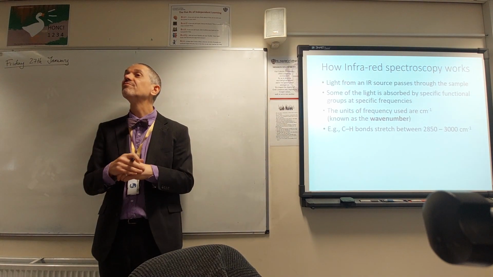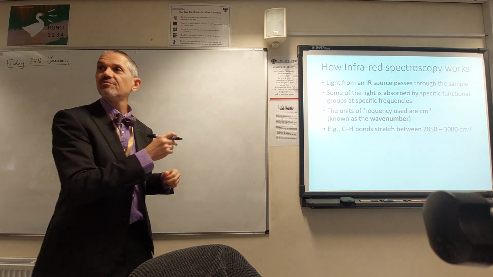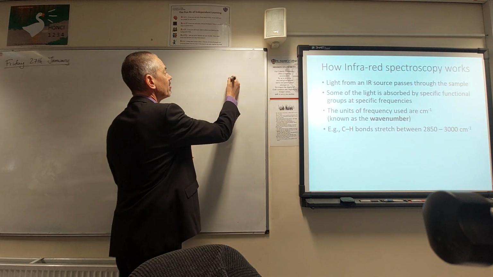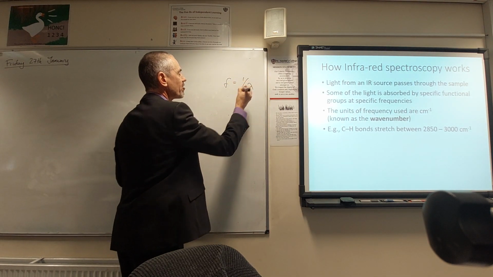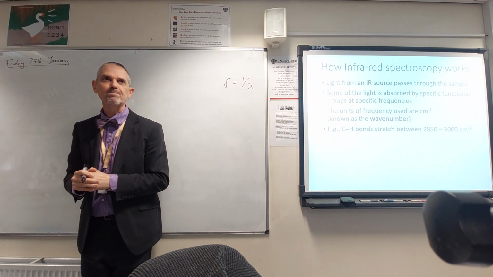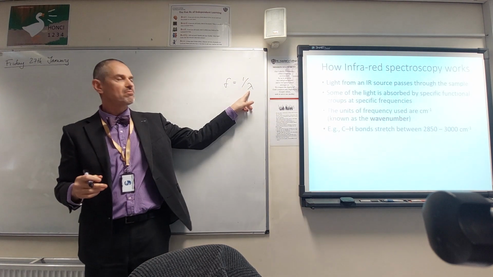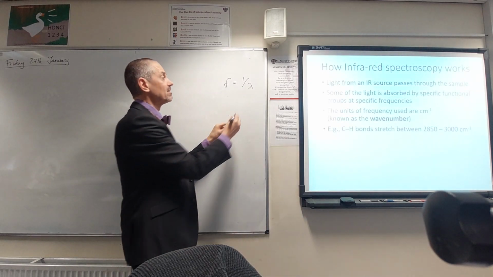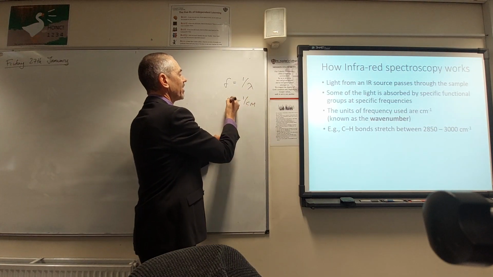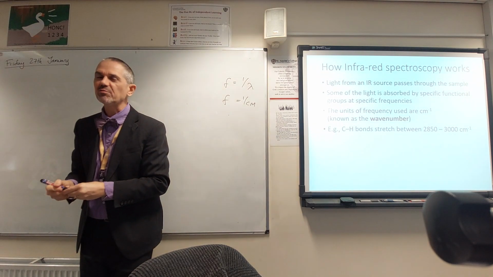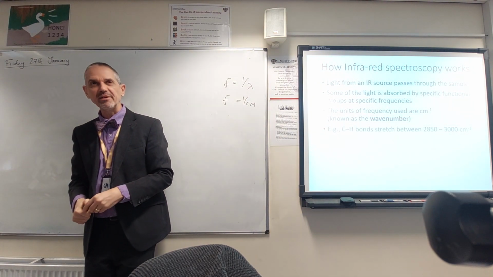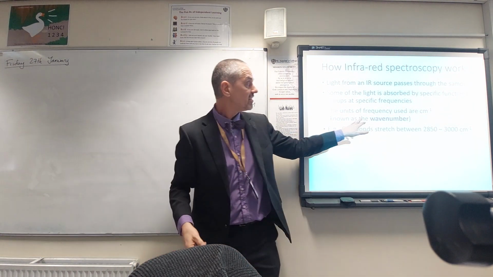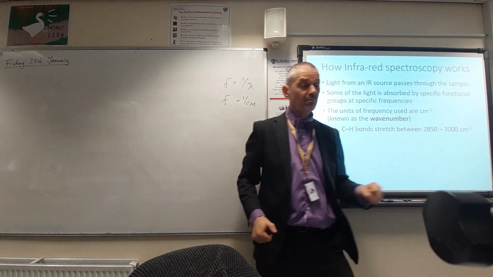Come on. Yeah, that's right. So I'm going to do it the other way around, if that's all right. Frequency is 1 over wavelength, yeah? So if I measure my wavelength in centimetres, then a measure of frequency would be 1 over centimetres, hence centimetres to the minus 1 as the unit.